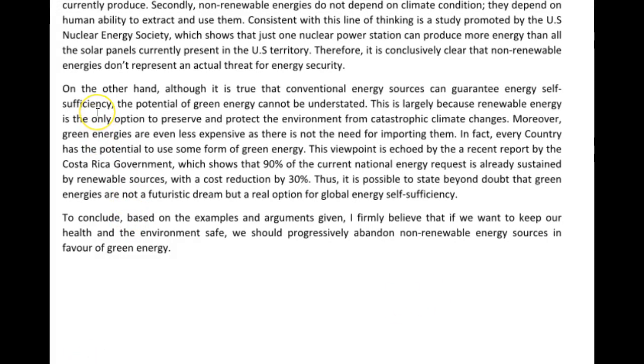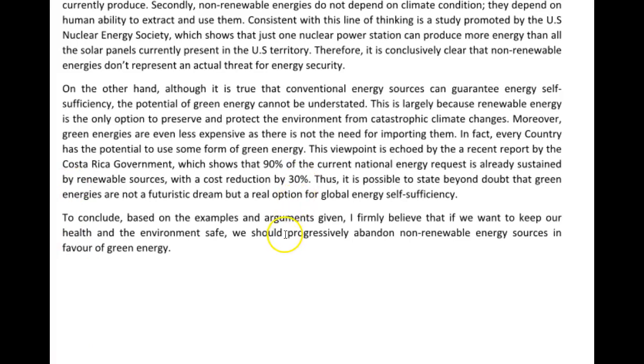All right, let's go to the next paragraph. On the other hand, although it is true that conventional energy sources can guarantee energy self-sufficiency, the potential of green energy cannot be understated. This is largely because renewable energy is the only option to preserve and protect the environment from catastrophic climate changes. Moreover, green energies are less expensive as there is not the need for importing them. In fact, every country has the potential to use some form of green energy.